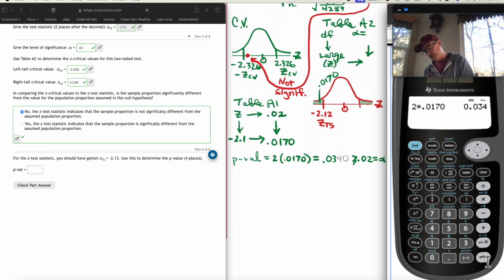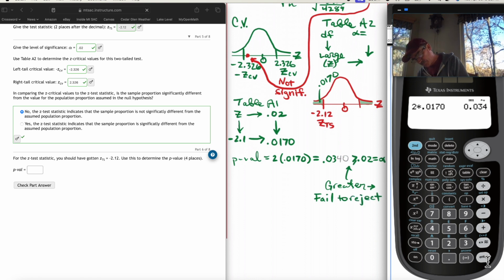But because it's greater than or equal, greater means that we fail to reject H0, which said that the proportion was 75%. Okay, and we don't support the alternative H1, which had said the proportion is not 75%.